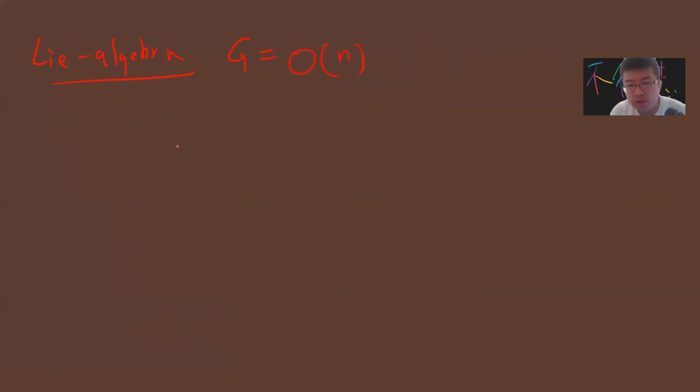So suppose G is O(n), let's say O(n) for the real numbers, which is also a Lie group. So it's A belonging to the n by n real matrices such that A transpose A is the identity, n by n. It's also a manifold, right?